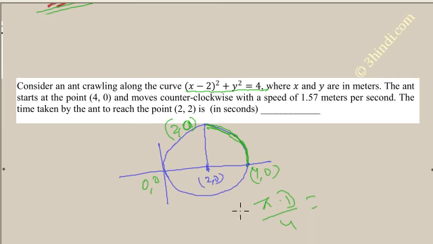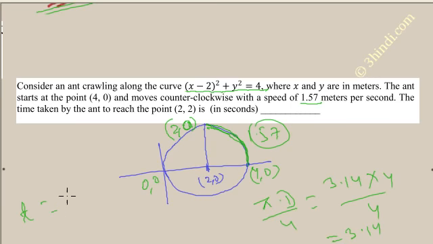If you put diameter as 4, then 3.14 into 4 divided by 4, that means 3.14 is the length of the green path. The speed is 1.57. So time is s by v, that is 3.14 divided by 1.57. This is equal to 2. So you fill here 2.